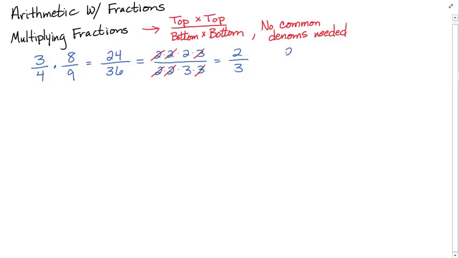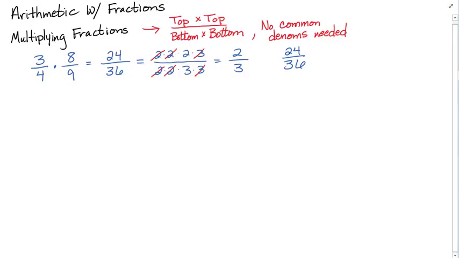Now let's talk about maybe another way you could simplify this. So I'll go back to the 24/36. If you don't want to go the prime factoring route, sometimes people do this. They'll say, okay, what's the largest number that divides evenly into 24 and 36? And you may think, oh, well, 2 does, but can I get bigger? Well, 4 does, yes. Can I get larger than 4? And it turns out it looks like 12 is the largest.